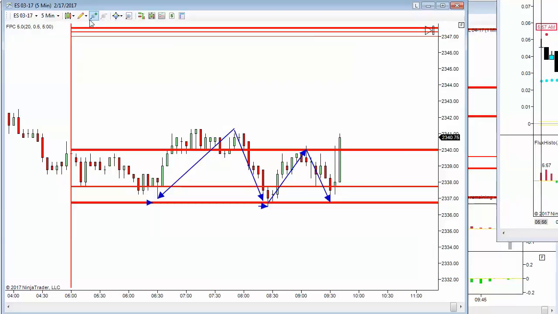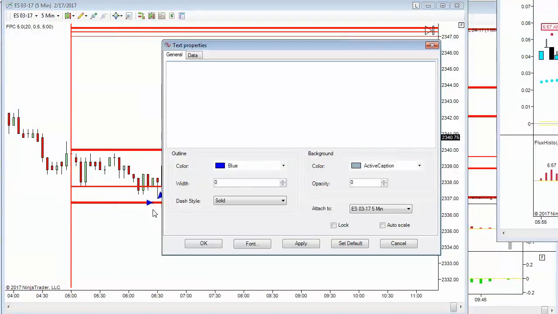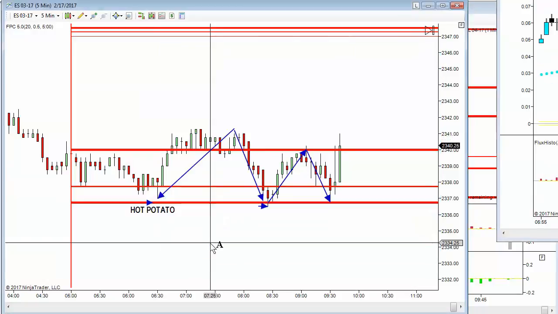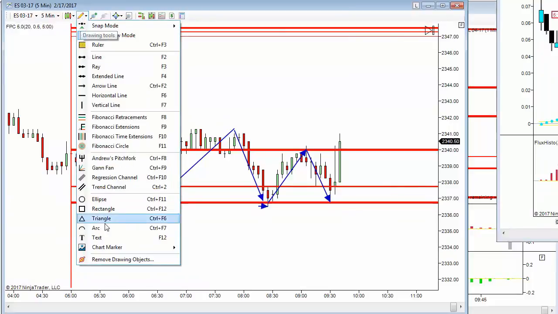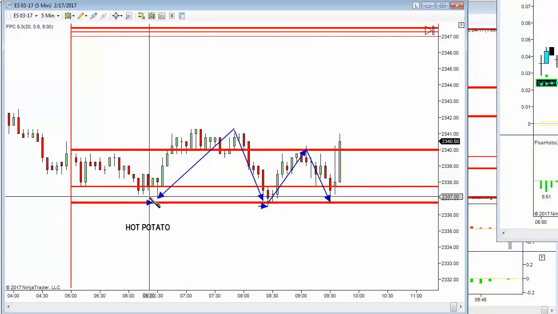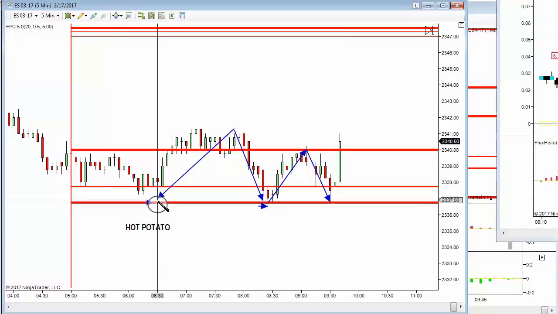What I've seen here is a progression. Hot potato. The first time, it doesn't touch it. It misses it by 1 tick. That tells me that there's a lot of support right here the first time.